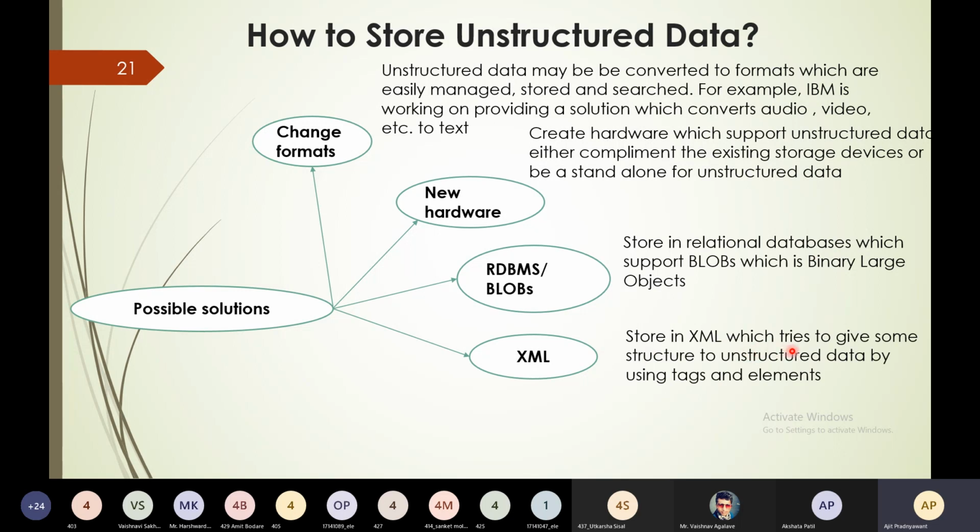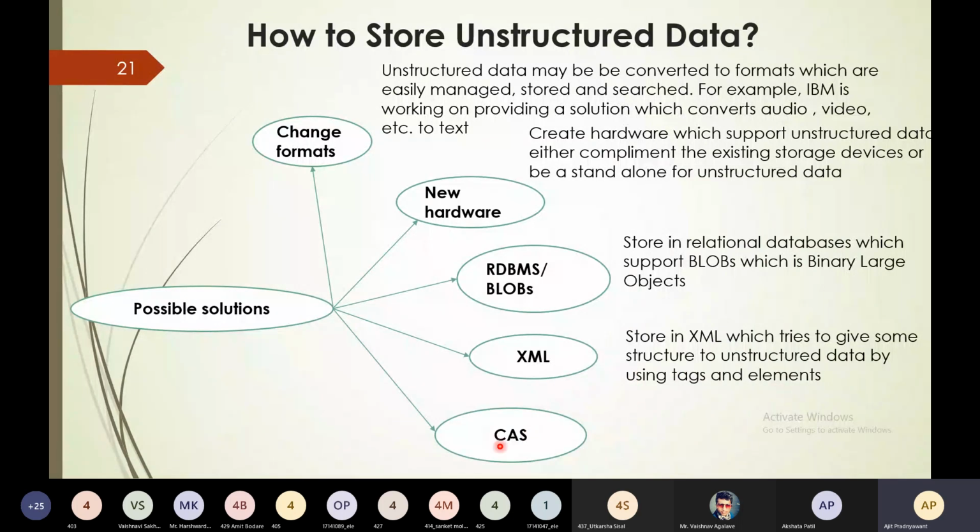Stored in XML, it tries to give some structure to unstructured data by using tags and elements. Instead of storing unstructured data as it is, just convert this data into XML, which is somewhat structured data, and you can do this with the help of tags and elements.